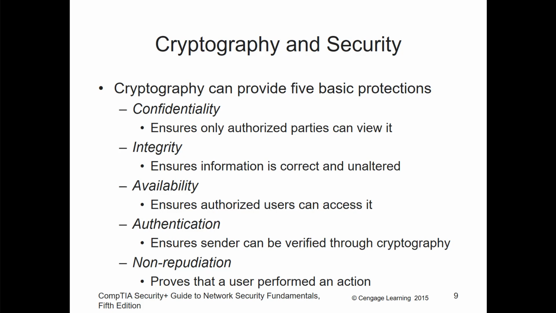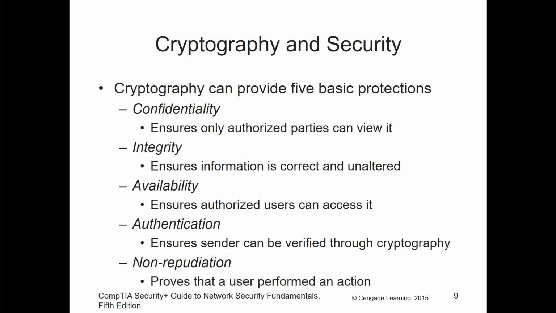Cryptography is divided into the 5 major areas of protection. We should already be pretty familiar with confidentiality, integrity, and availability. Confidentiality is the ability to ensure only authorized parties can access it. Integrity ensures the information is correct and unaltered. And availability ensures that the data is available to those authorized to use it.